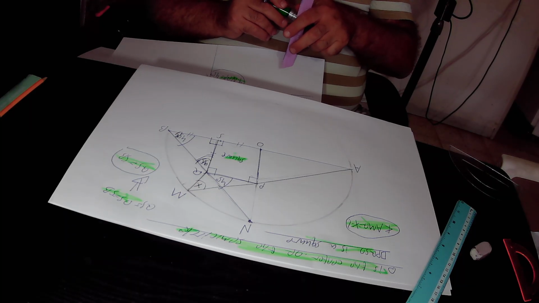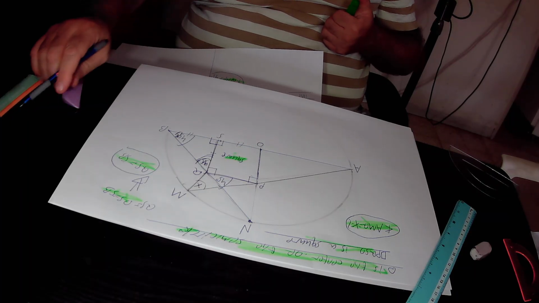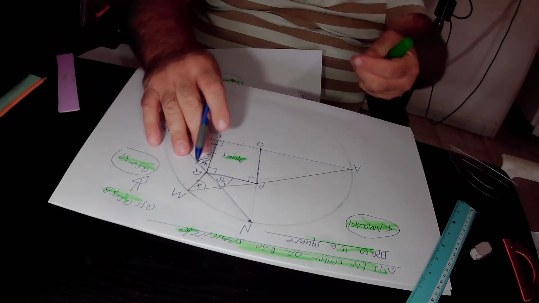In the next step, we'll join points M and N together by a straight line.